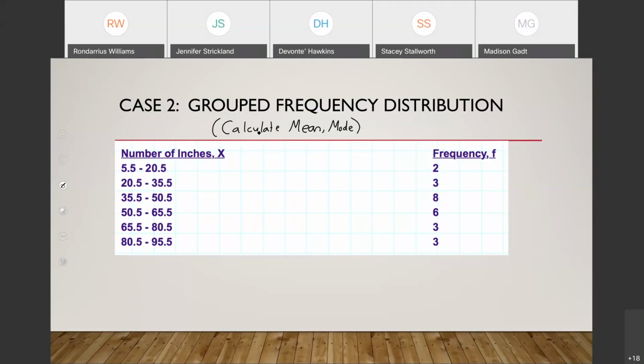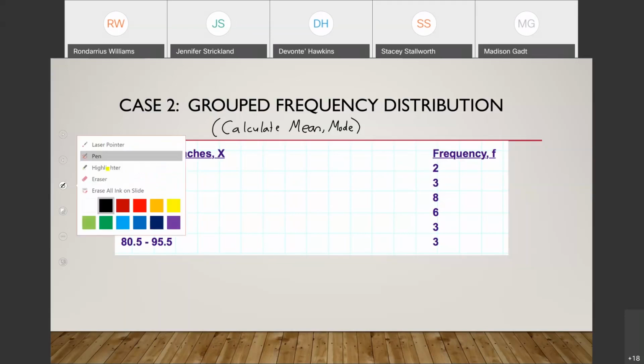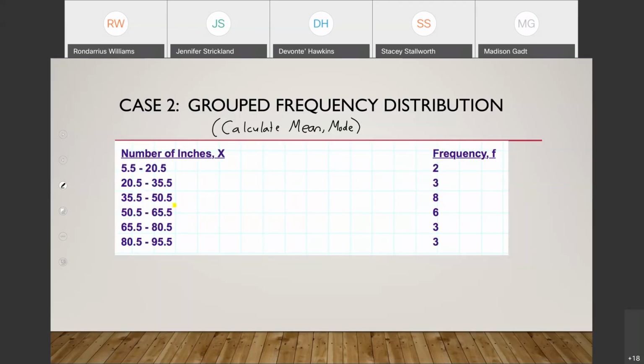Okay, so I want you to think first about how we make a frequency distribution. Back in chapter 2, how we set up one of these charts.